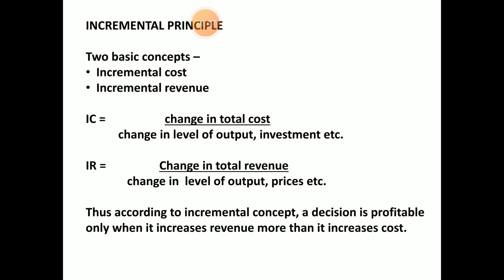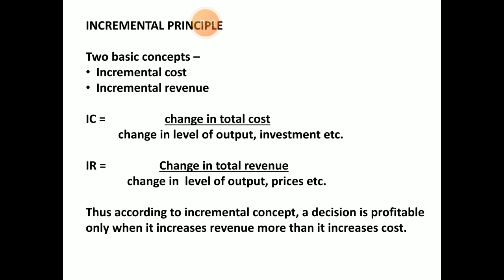On the other hand, the firm expects a rise in total sales revenue by 30% against a 10% increase in output. The incremental revenue is now 30% divided by 10%. So that will be 3%.